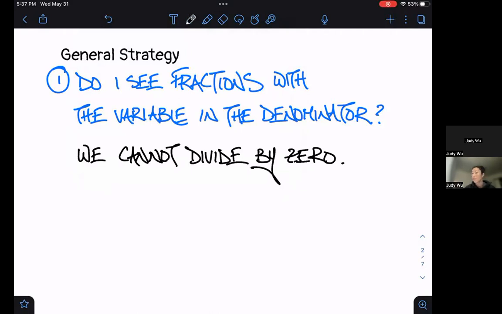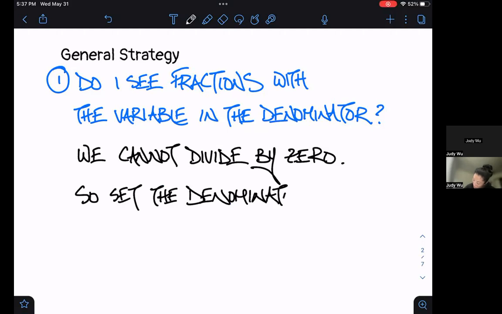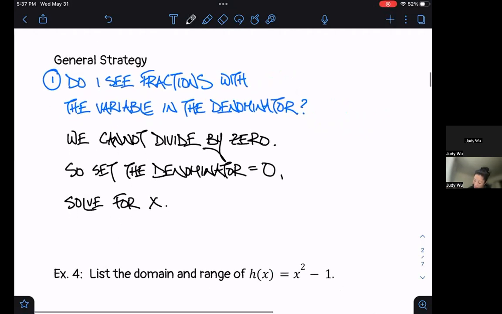So if we see a fraction that has a variable in the denominator, we cannot divide by 0, so we set the denominator equal to 0 and solve for x, or whatever your variable is. So we cannot divide by 0, so we set the denominator equal to 0 and solve for x.